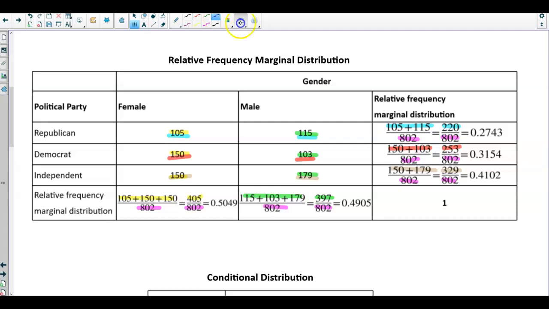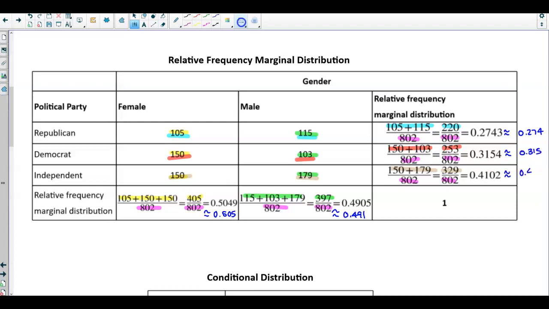The last thing we want to do is round this to 3 decimal places so we can put in our answer. So this gives us 0.505. This gives us 0.491. We can round this to 0.274. This becomes 0.315.